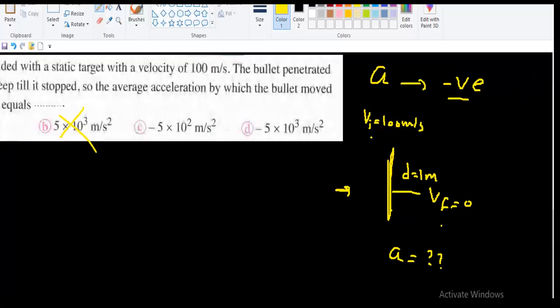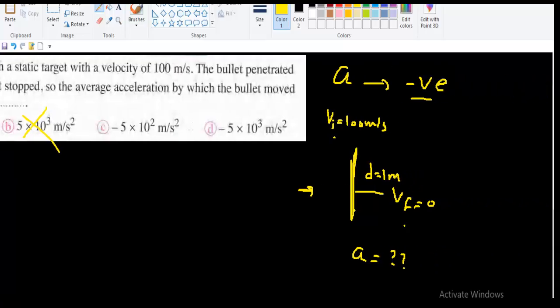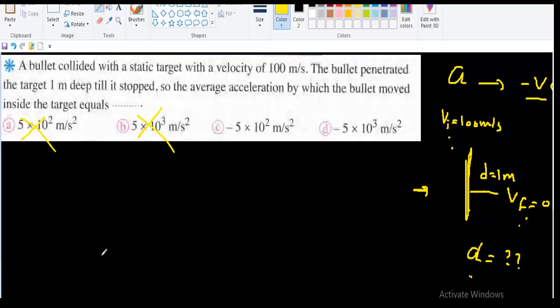Okay, let's solve this problem. Which equation will be suitable for solving this problem? We need acceleration, we have displacement, we have initial velocity, we have final velocity. So the suitable equation is the third equation, minus vi squared.